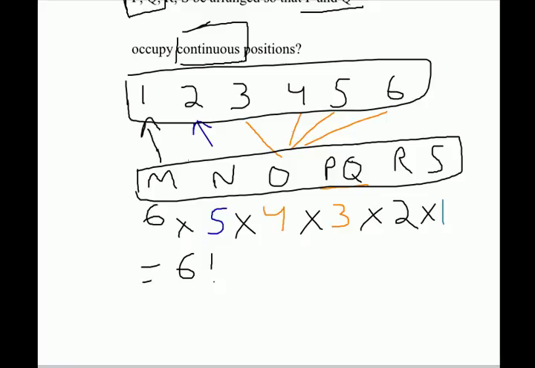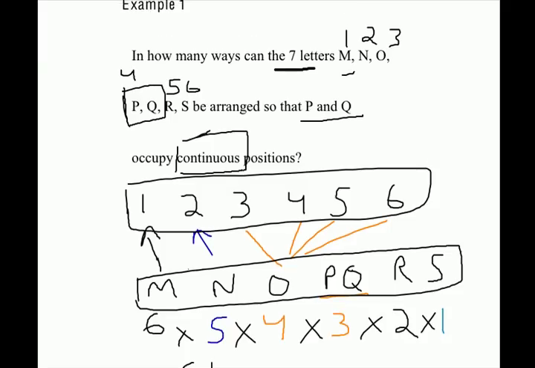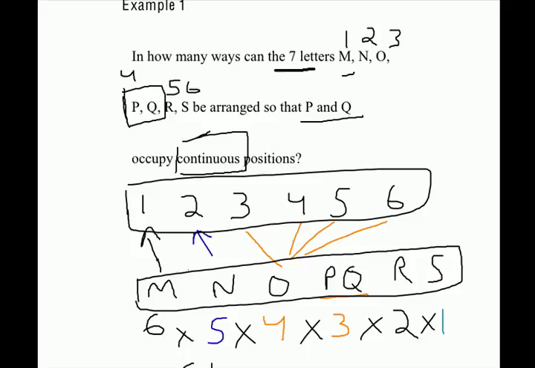Now, is the answer 6 factorial? This is where we need to go back to the question and read it again. So it says, in how many ways can 7 letters be arranged so that P and Q occupy continuous positions? So the question is saying P and Q need to occupy continuous position.